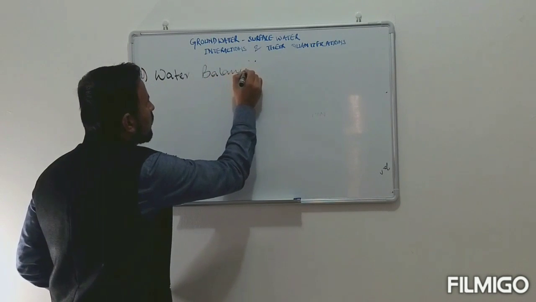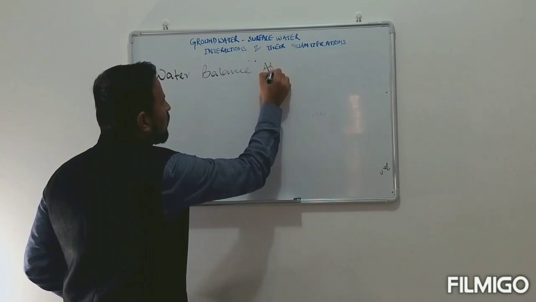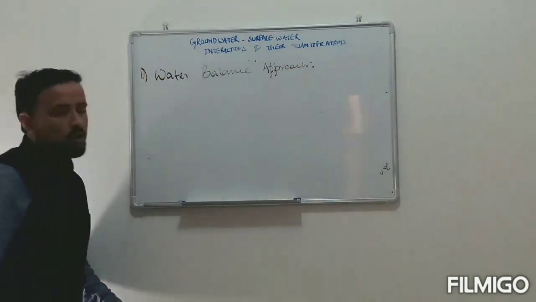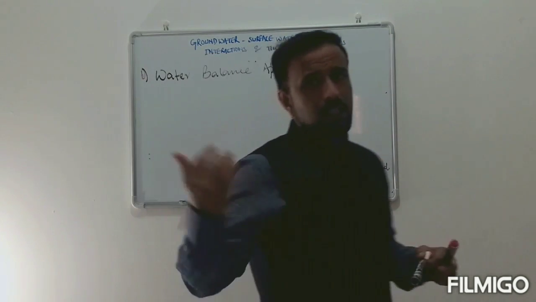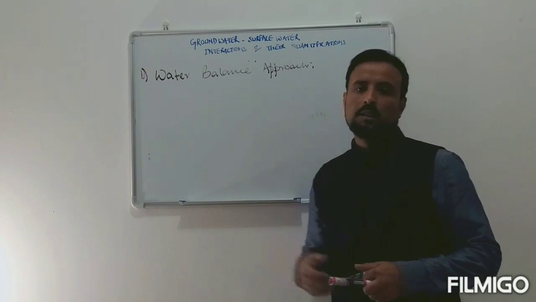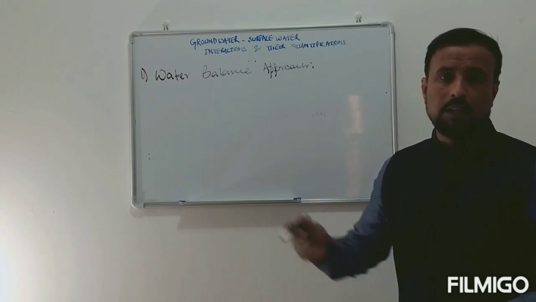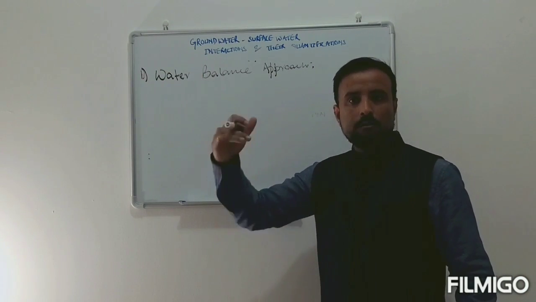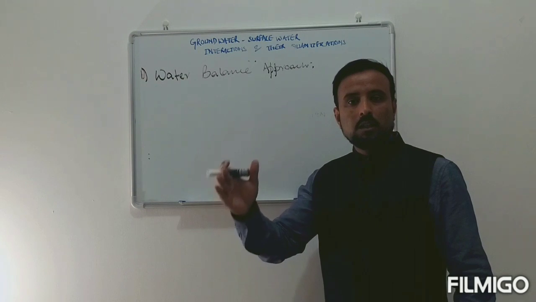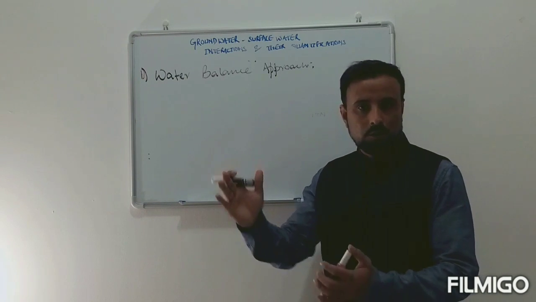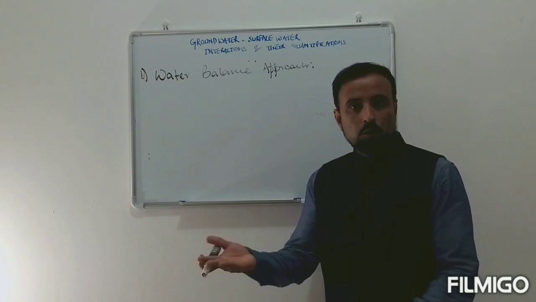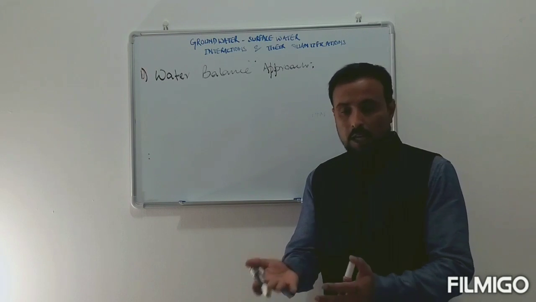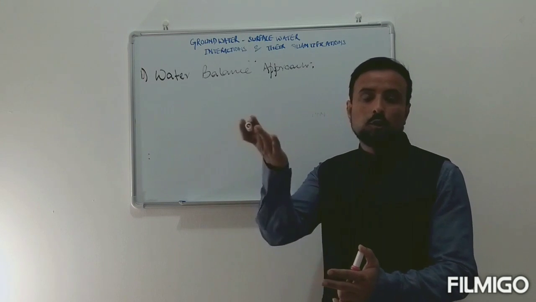The second approach that I told you, which is important, is the water balance approach, right? So the water balance approach basically depends upon the water balance equation. In a particular area, in a particular basin, whatever water is coming in the form of rain should either be converted into stream flow, or be absorbed by the groundwater, or be lost in some form, like evaporation.